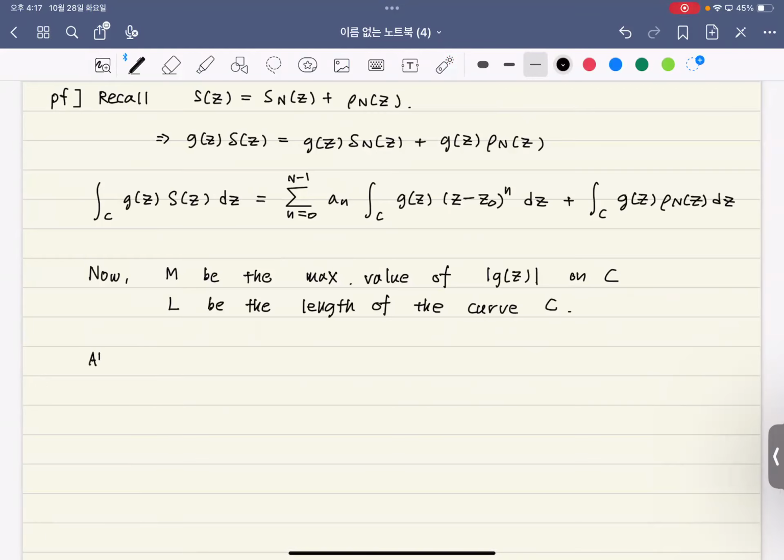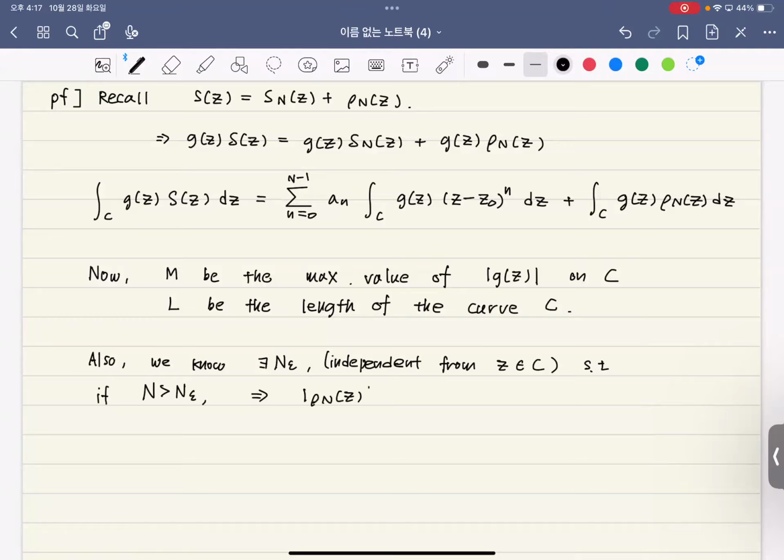Also, we know there is an integer N(epsilon), independent of z, such that if n is greater than N(epsilon), then this is less than epsilon.